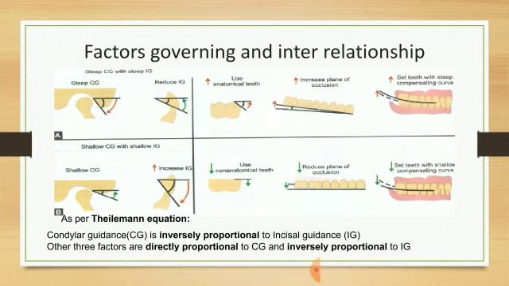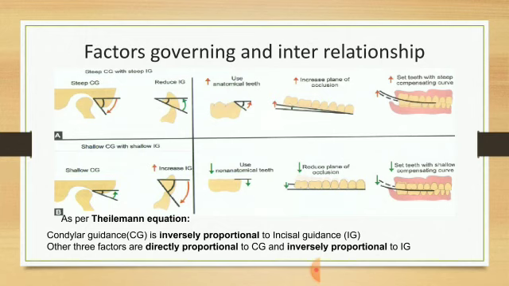Now the most important thing, factors governing the balanced occlusion and their interrelationship. Now there is an equation called Thielman's equation. Thielman's equation states that condylar guidance is inversely proportional to incisal guidance, whereas the other 3 factors are directly proportional to condylar guidance and inversely proportional to incisal guidance. Now what are the 5 factors of balanced occlusion we have?